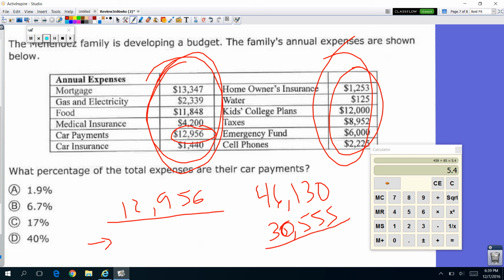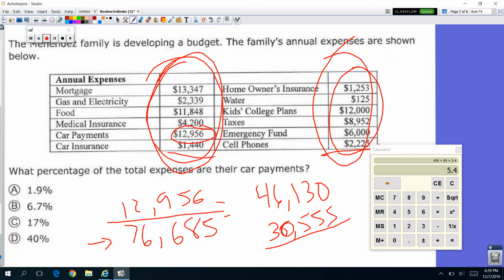And then when you add it all together, you end up with 76,685. Go ahead and do it if you want, just to make sure that I got this correct. But that's what you would do. And on the test, whenever you're adding all this stuff, do it in parts. It's easier. You're going to be using a calculator, so you can do it a couple times just to make sure.